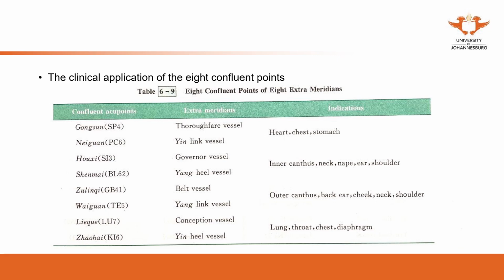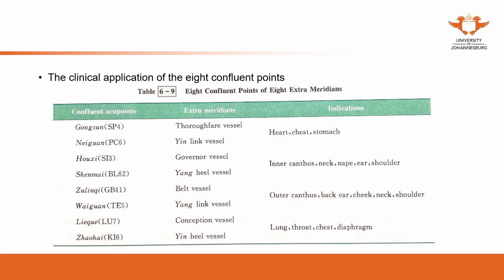Pericardium 6 can be used for diseases related to the heart, to the chest and the abdomen. Why does Pericardium 6 have this function? That's from the 8 confluence points. So these applications we also can use as a combination: Spleen 4 and Pericardium 6, Sanjiao 5 and GB 41, Small Intestine 3 and Bladder 62, Lung 7 and Kidney 6.